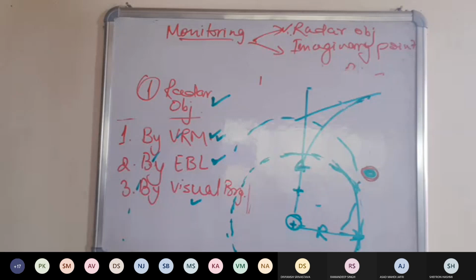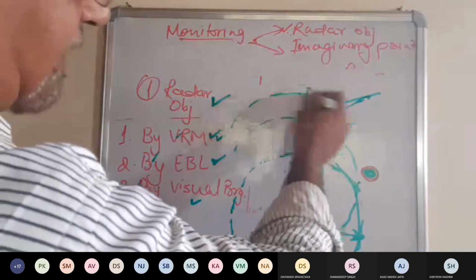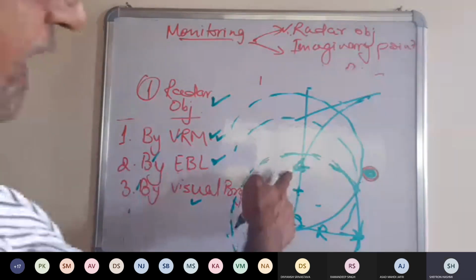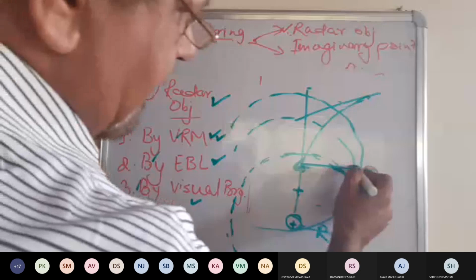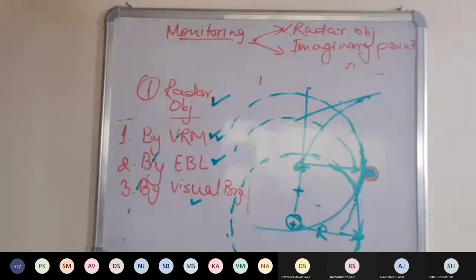Yes, sir. When we are at this point, our VRM will be like this, correct? Yes, sir. If we are at the right place, the radar object should be just about the VRM. Is that correct or not?